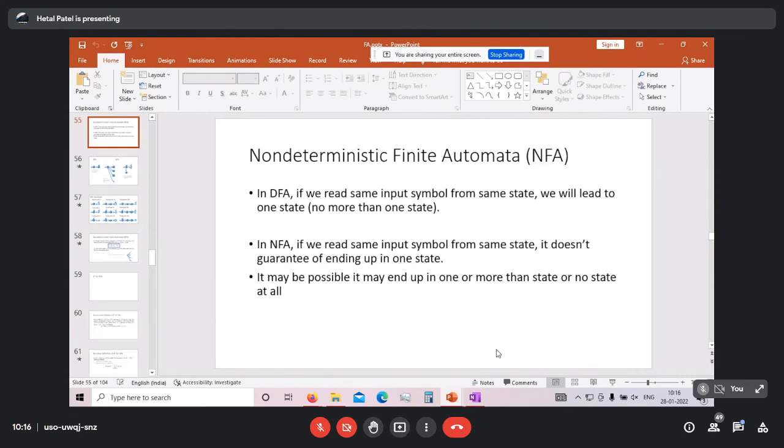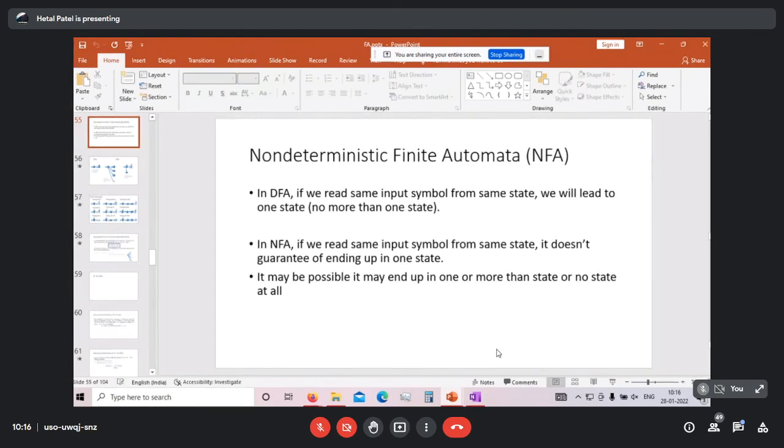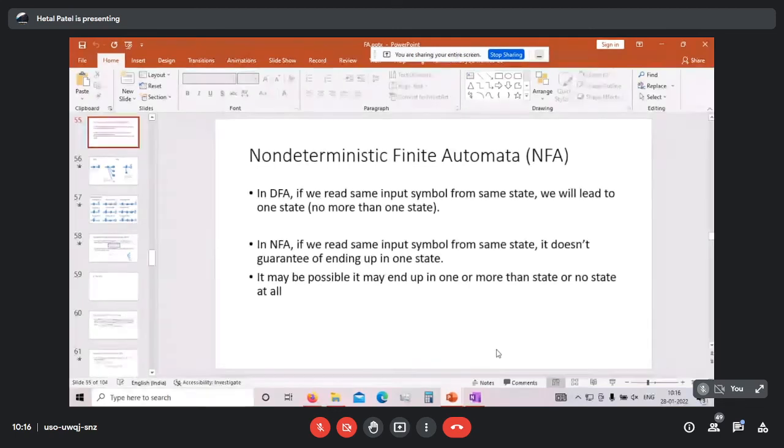If I'm giving the input A, the next state is already predetermined. If input A, obviously it goes to state 2. If input B, obviously it goes to state 3.